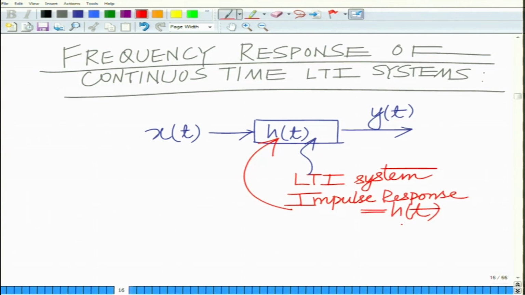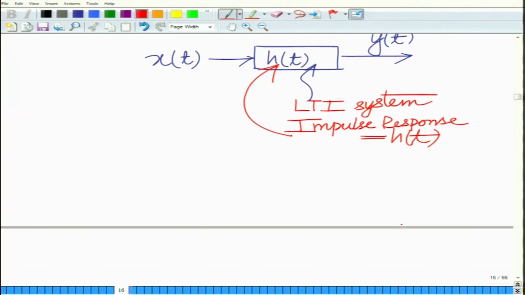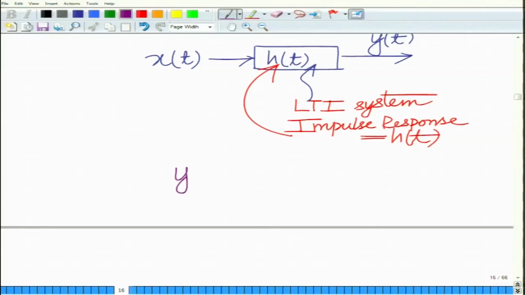We know that when the signal x of t is input to an LTI system with impulse response h of t, then the output y of t is nothing but the convolution of the input with the impulse response. Therefore, we have y of t equals x of t convolved with h of t, and naturally we also know that convolution in the time domain leads to the multiplication of the corresponding frequency responses.